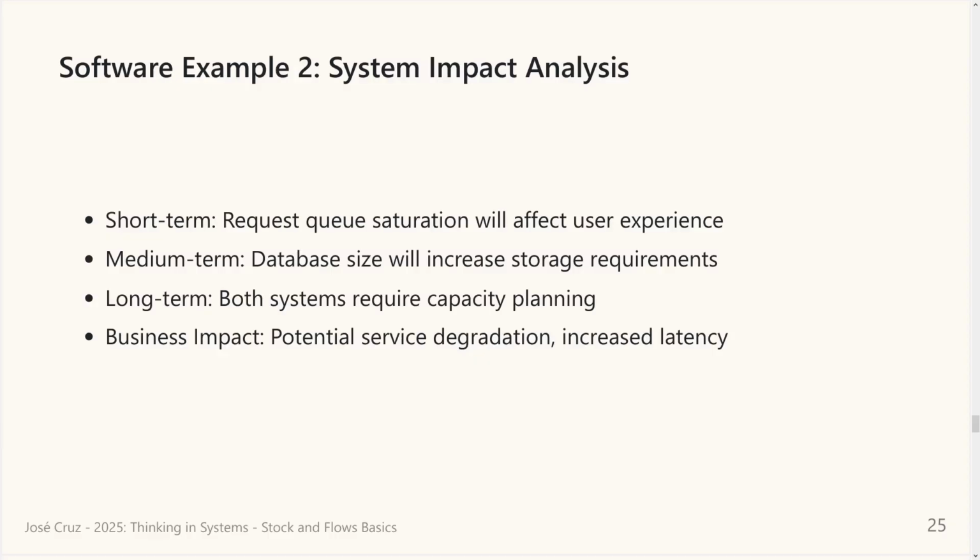Long-term, both systems require capacity planning, because both will have issues in the future, but this one will have them before this one. Business impact: potential service degradation, increased latency, and of course reduced traffic and reduced trust in your system. You don't like to go to a store that blocks your request. You don't put your money there, not even your credit card.